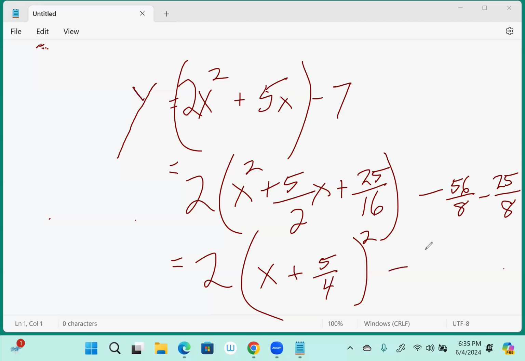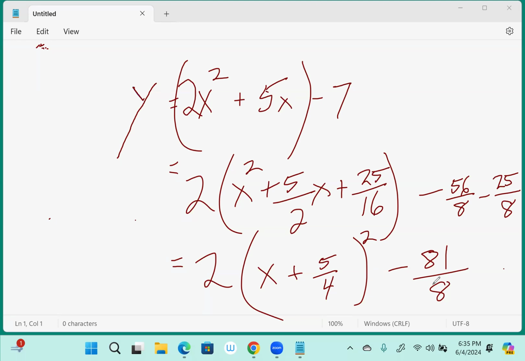And then 31. Remember, when you have a minus number and another minus number, you're just adding those two together. 56 plus 25, where you would have 81 over 8. There you go. Now you're done.